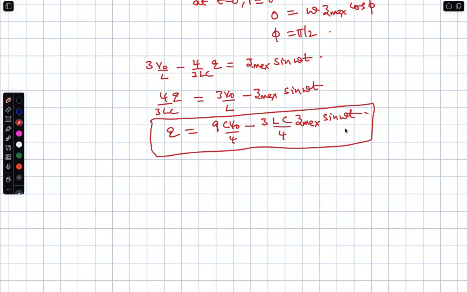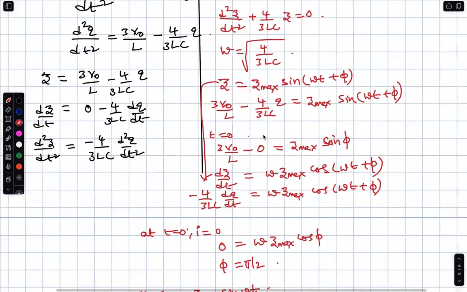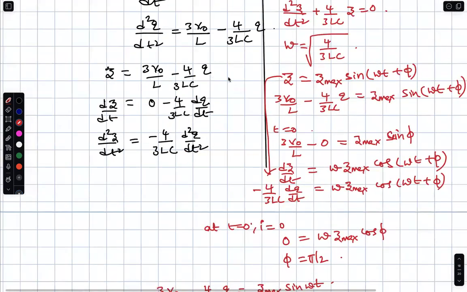Now, very clear, put t is equal to 0: 9CV naught by 4. Now you come back to here again. When will z be maximum? When this is 0, at that time it is z maximum.